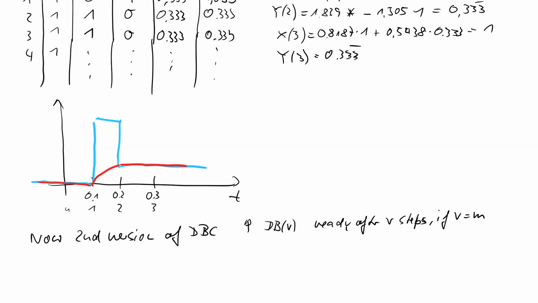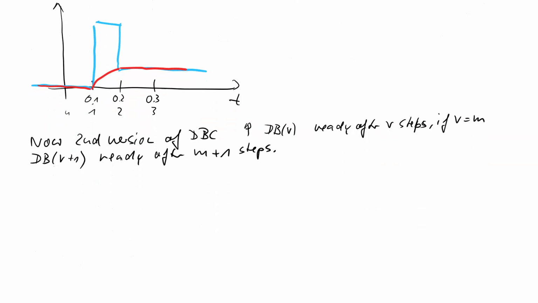The second version is called deadbeat nu+1 because this controller is ready after nu+1 steps. So it needs 1 step more than the original deadbeat controller, with an advantage.